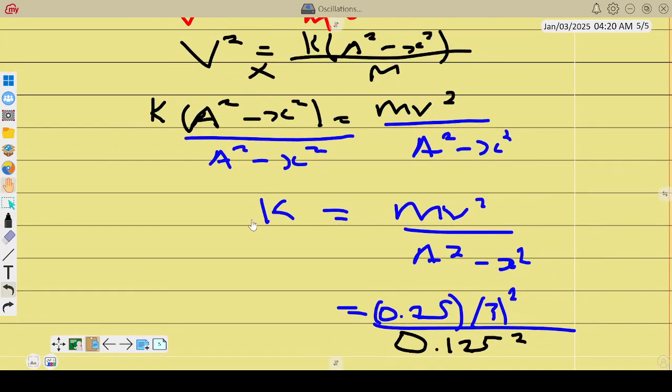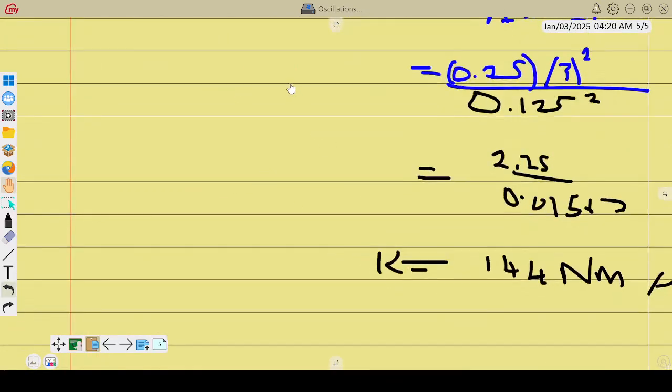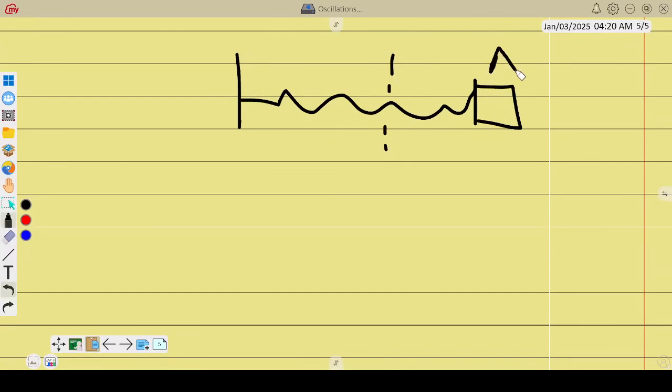What else do we have? Calculate the total energy of the spring block. At this point, when the amplitude is maximum, we only have the energy due to the spring, the elastic potential energy.